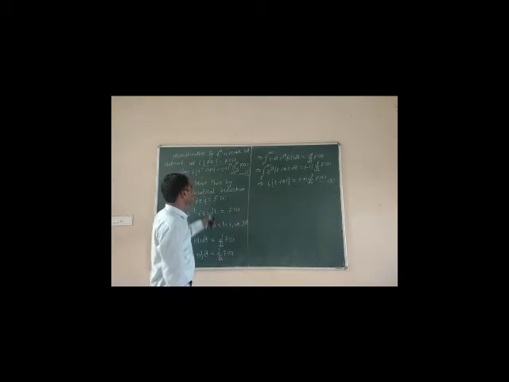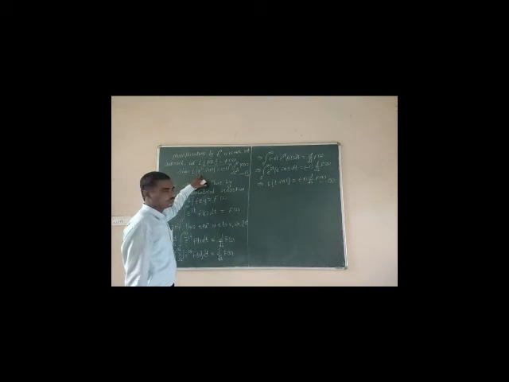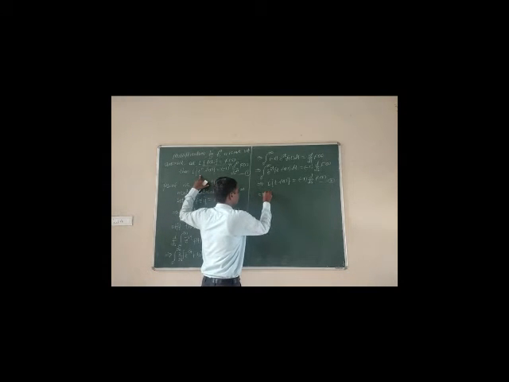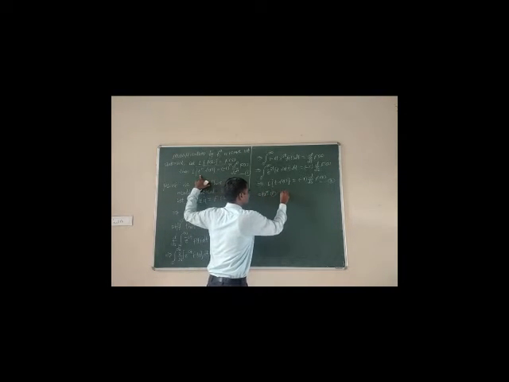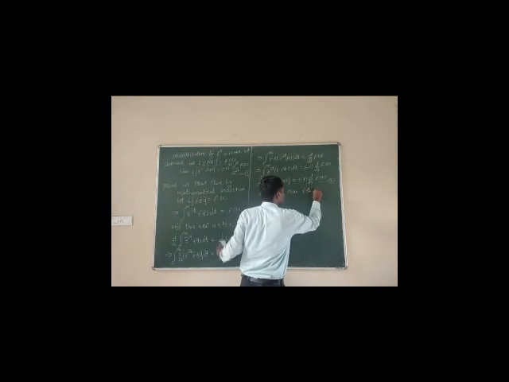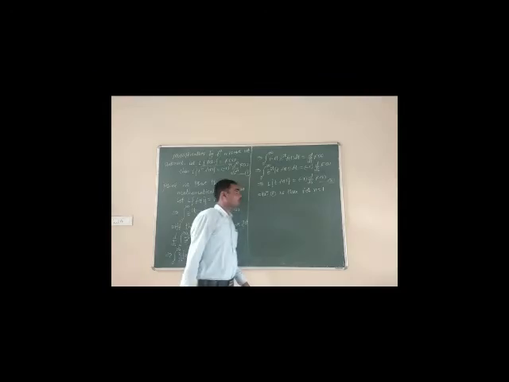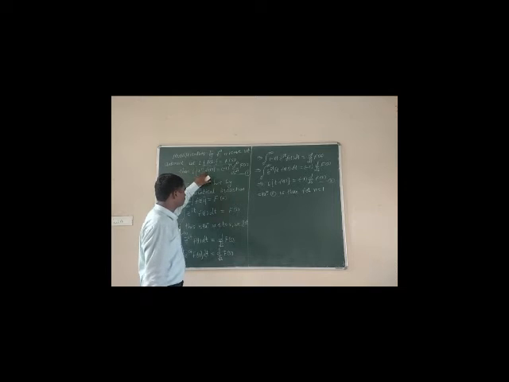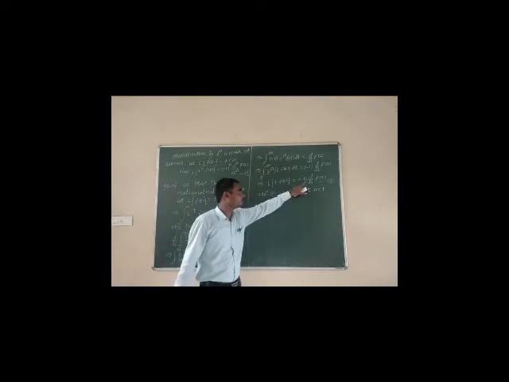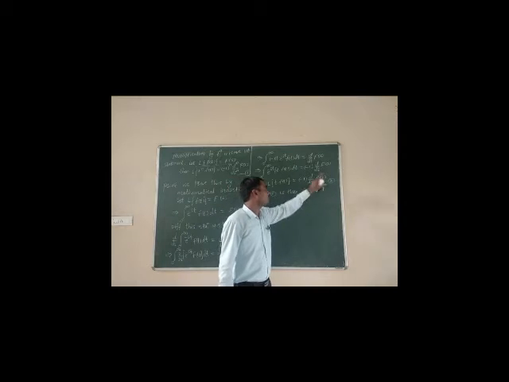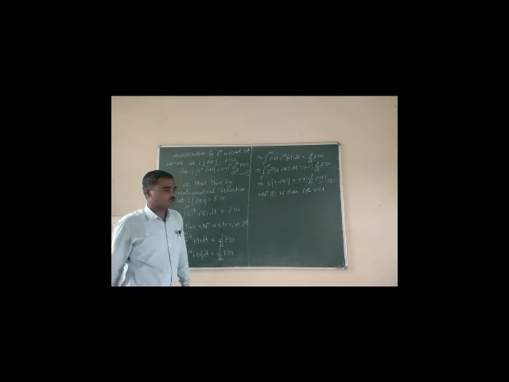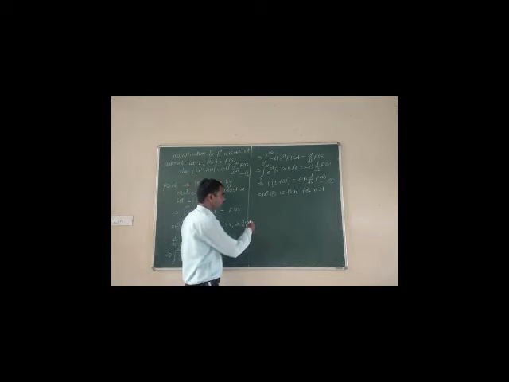From equation 2 we say that equation 1 is true for n equals to 1. If we put n equals to 1 in equation 1, we get minus 1 into derivative with respect to s of F of s. It means that equation 1 is true for n equals to 1.